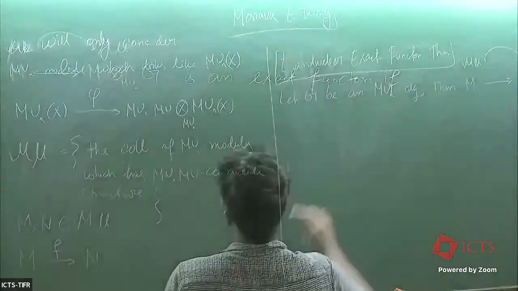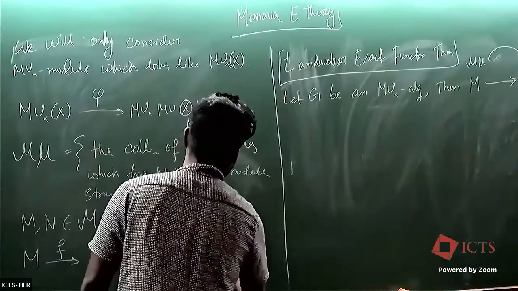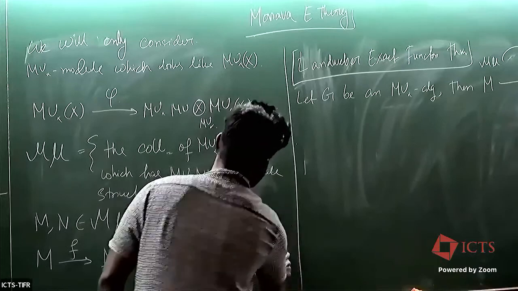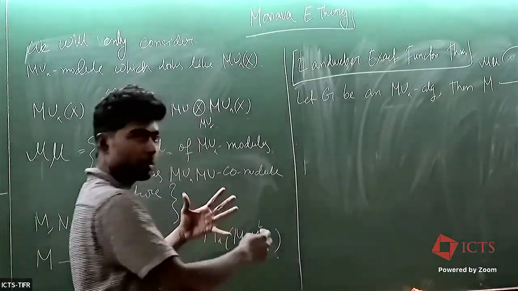if, okay, I should write something here. So mu star x is just this guy. This is just pi star of mu smash x, the derived smash product in the category of spectra.